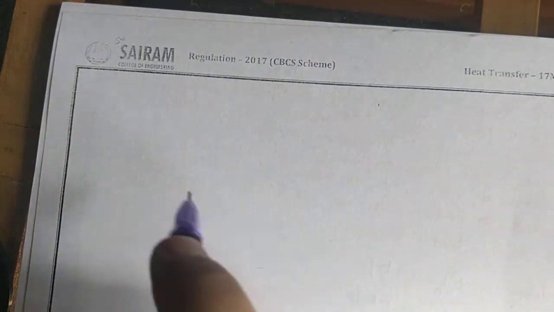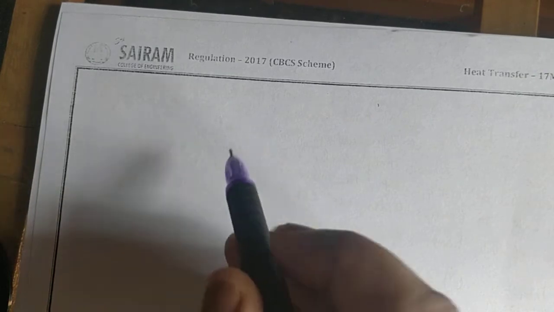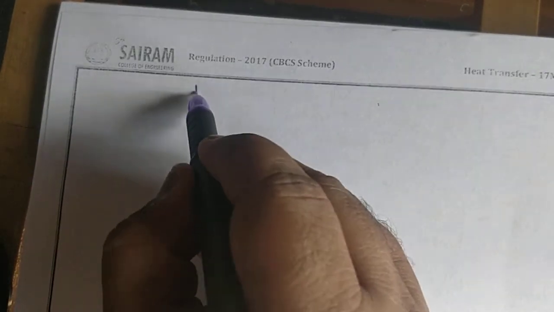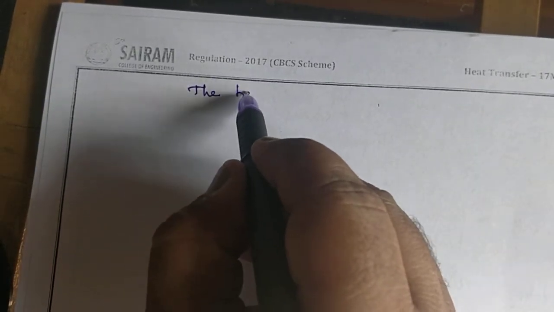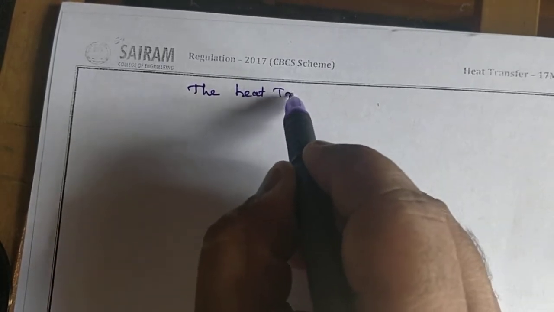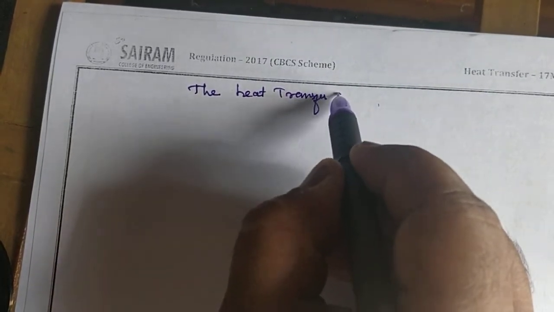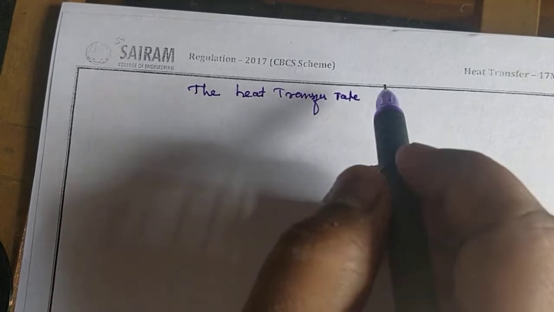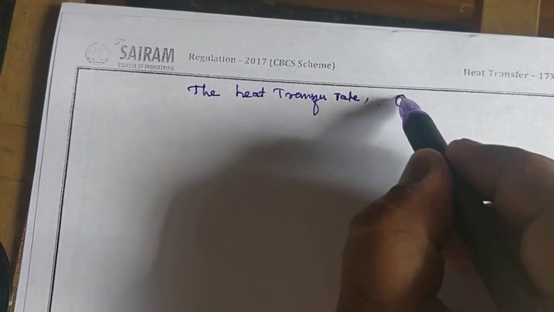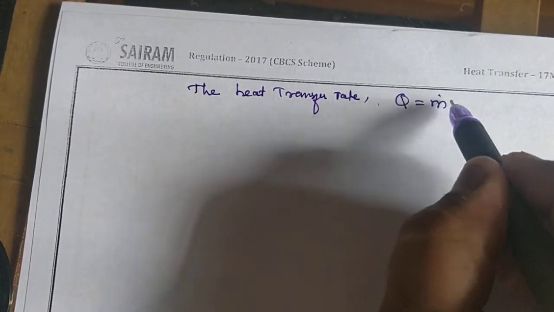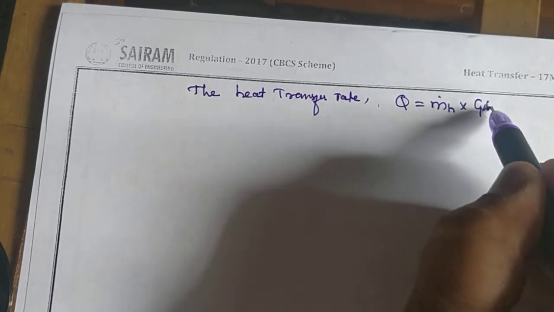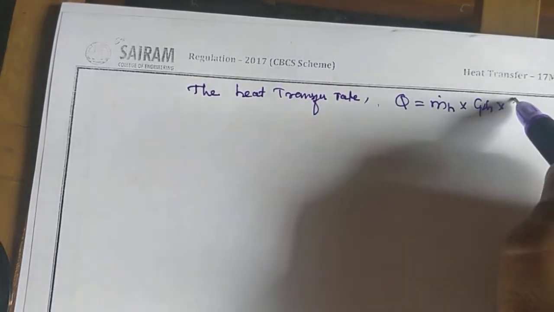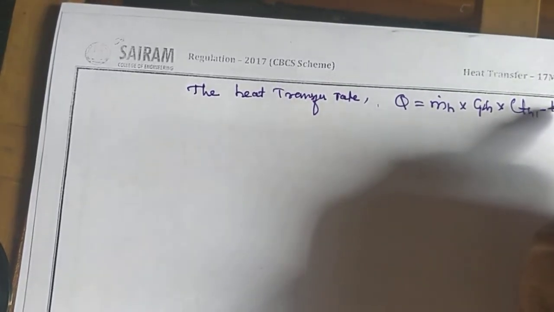Once you understand the sketch, we are going to find out the heat transfer rate. Heat transfer rate Q is equal to mH CPH into TH1 minus TH2.